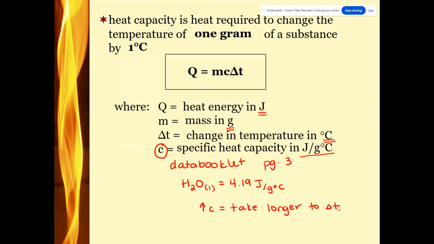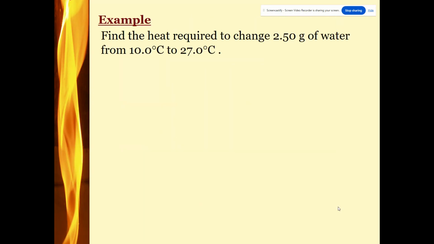How are their temperature changes relative? So if it has a higher specific heat capacity, it's going to go through a lower temperature change, getting the same amount of energy. Something that has a lower specific heat capacity will heat up quicker and have a greater temperature change.